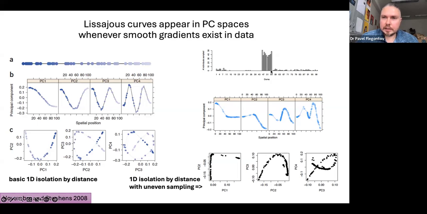And if we also add undersampling or oversampling, for example, if we oversample the center of this simulation and undersample the left arm of the simulation, we get somewhat distorted shapes. But for example, this shape on the left looks very similar to some types of worldwide PCAs for humans.